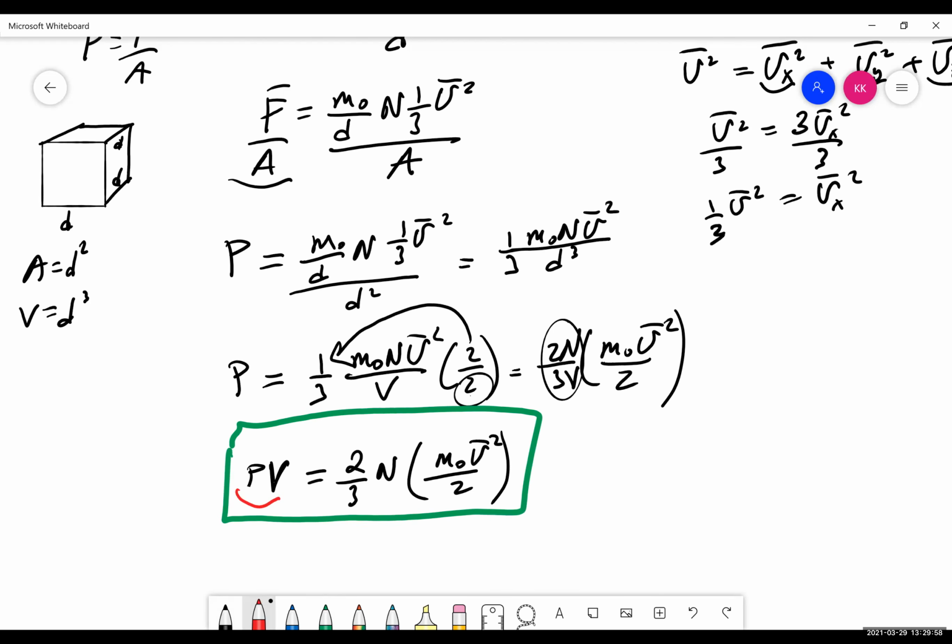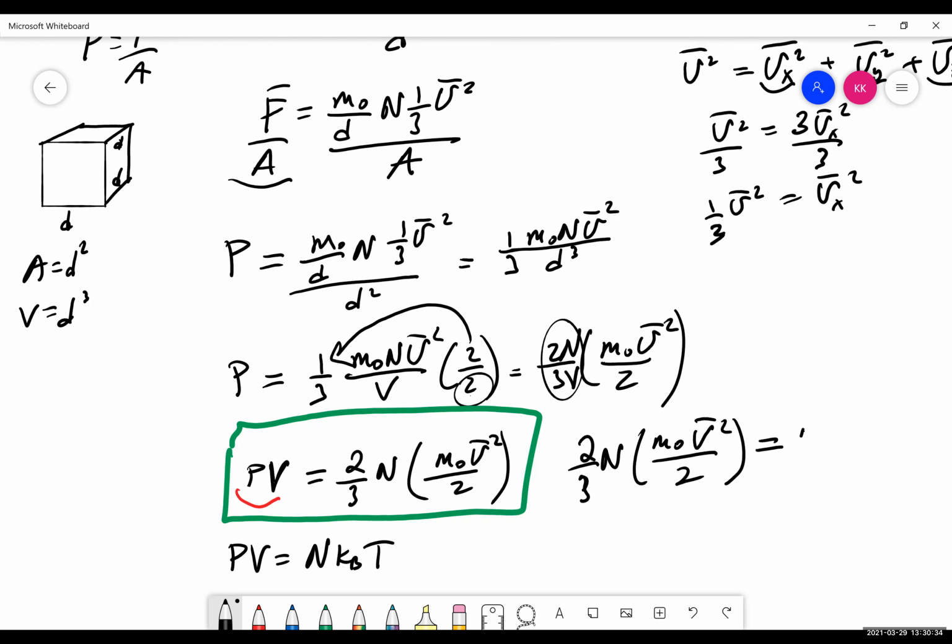Now, if I compare this to the equation where PV is equal to N KB times temperature, I can see that since PV is equal to 2/3 N times m naught V average square over 2 and N KB times T, those are also equal to one another. That means 2/3 N m naught V average square over 2 is equal to N KB times T.